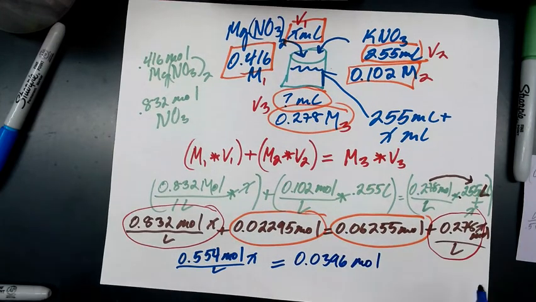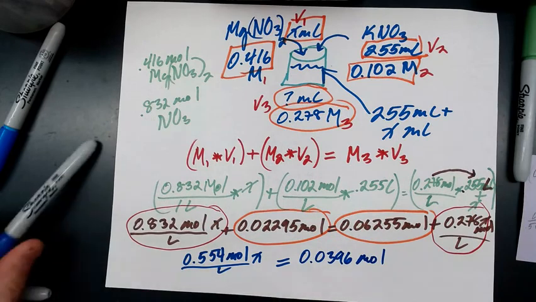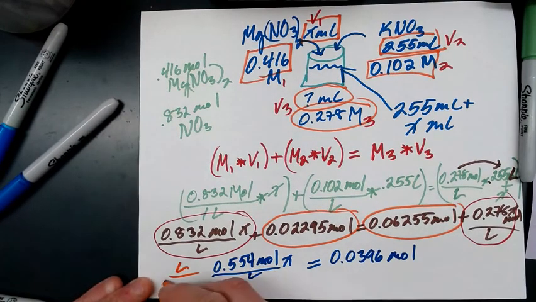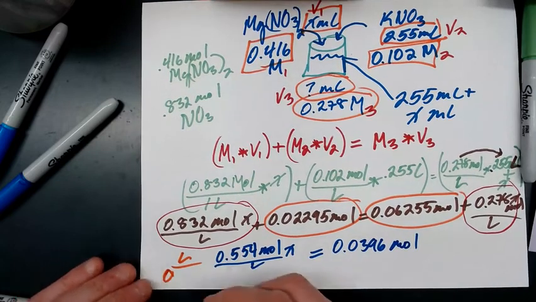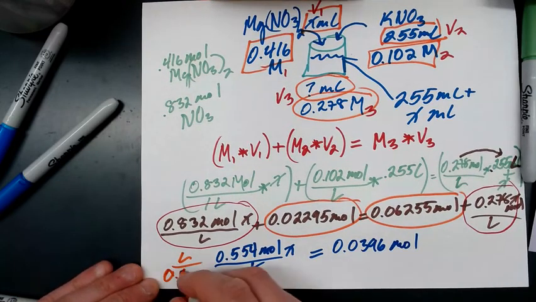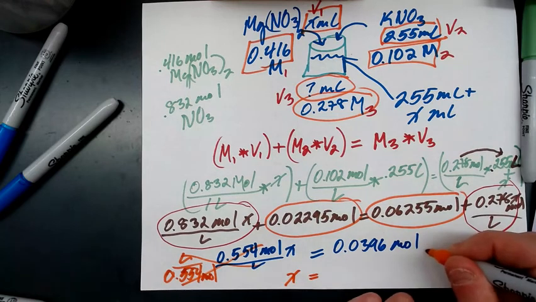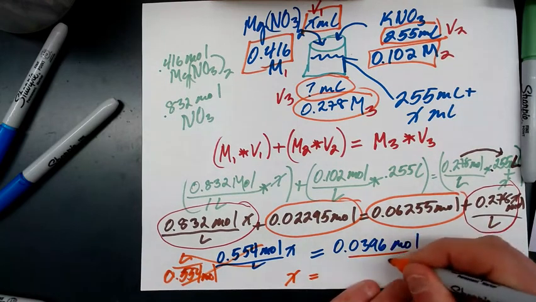Now I'm going to get X by itself. So I'm going to multiply by the reciprocal here. So I'm going to multiply by liters over 0.554 moles, so that these cross out and will leave me with X. So my final answer will be there. But I'm going to multiply over 1.